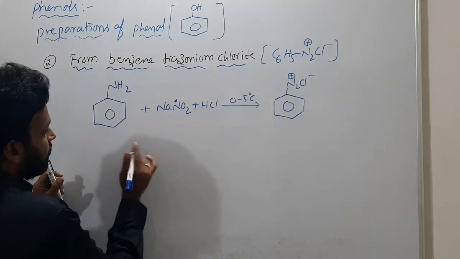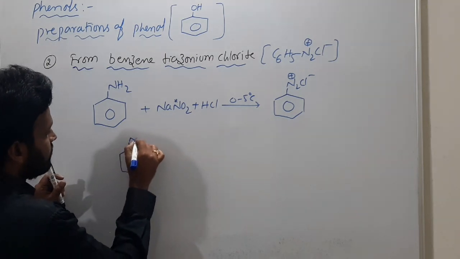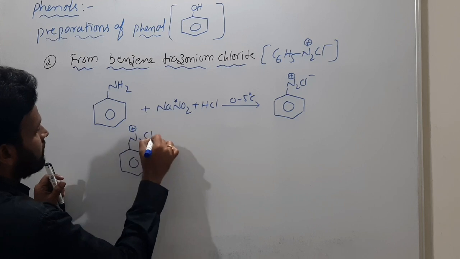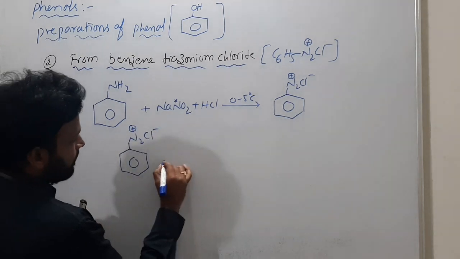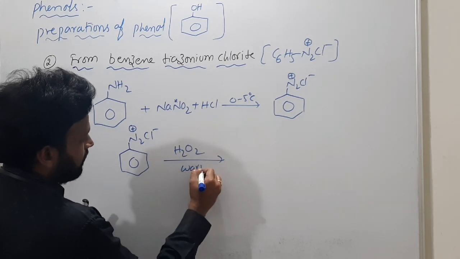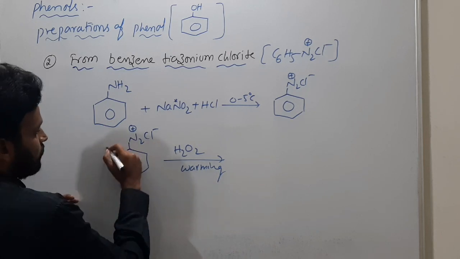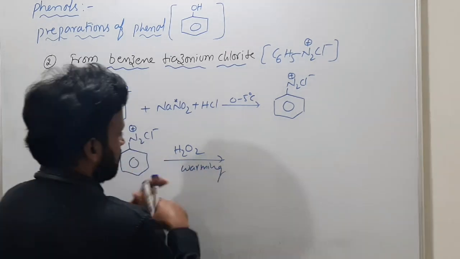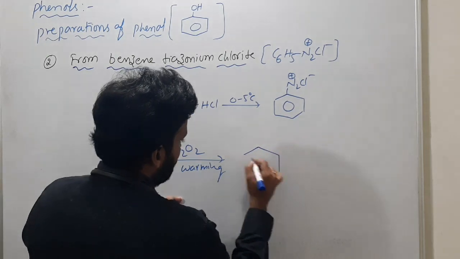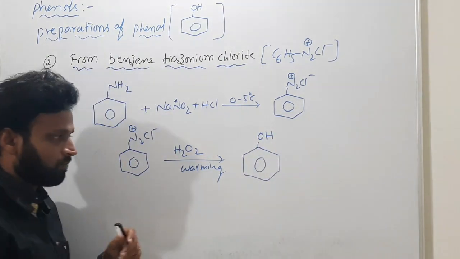Got it? So this benzene diazonium chloride, C6H5N2 plus Cl minus, when it reacts with hydrogen peroxide H2O2 and simple warming, then what happens, you can guess. This will break completely, so that you will have phenol, C6H5OH.